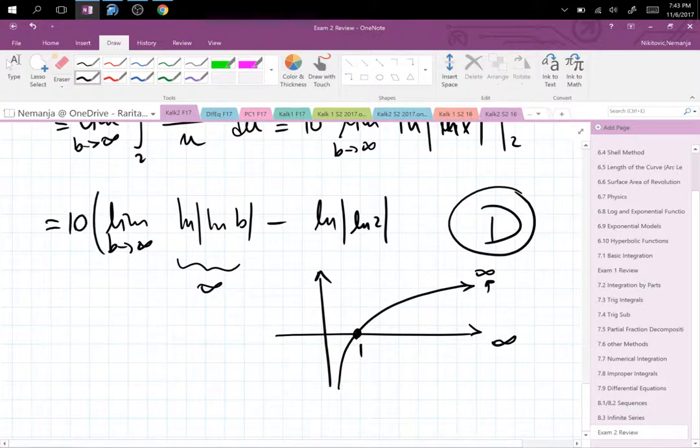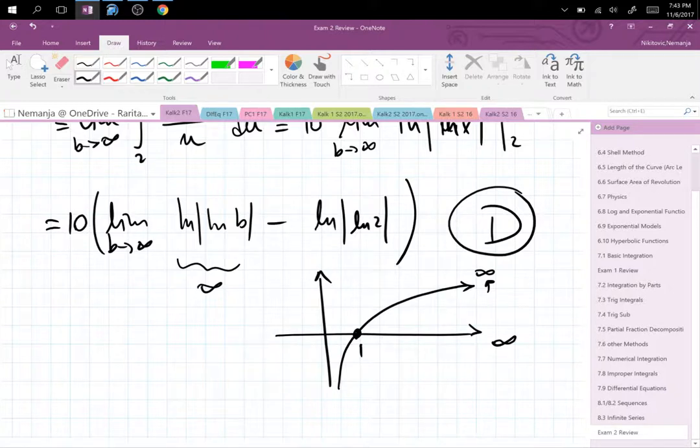You missed the 10. Well, luckily in this case, no, because I probably wouldn't see it because it's divergent. But if this was converging to, let's say, 6, then that 10 would make it 60. So because it diverges, I wouldn't notice that one. So probably we'll get a free ride on that.